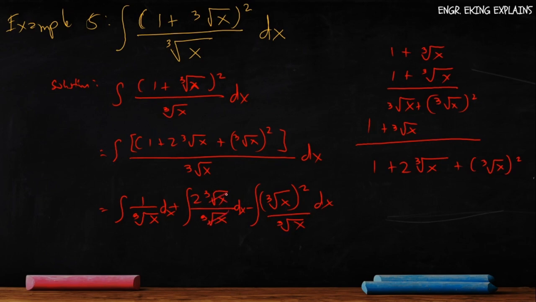So this will be cancelled out, this will be deducted by 1, and this will be cancelled out. So we're left with the integral of 1 over cube root of x dx plus the integral of 2 dx, plus the integral of cube root of x dx. We will use another sheet for this one.